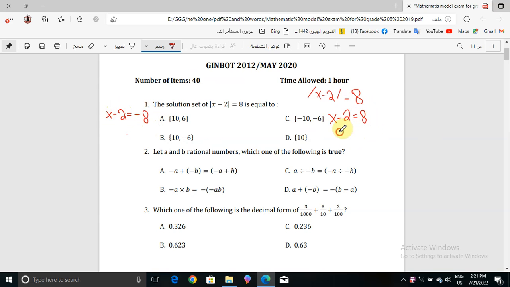Now what we'll do here: x is equal to 8, when we shift 2 to the other side, it will be 8 plus 2. That means x is equal to 10.